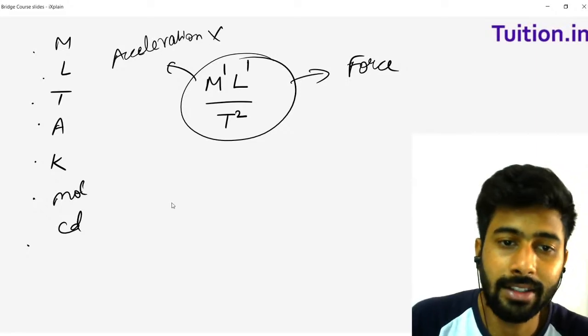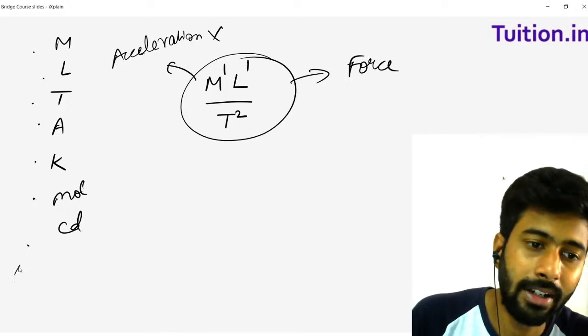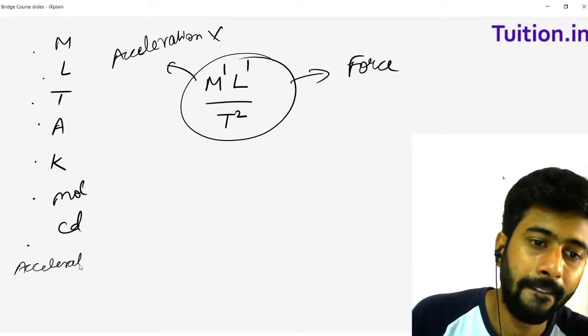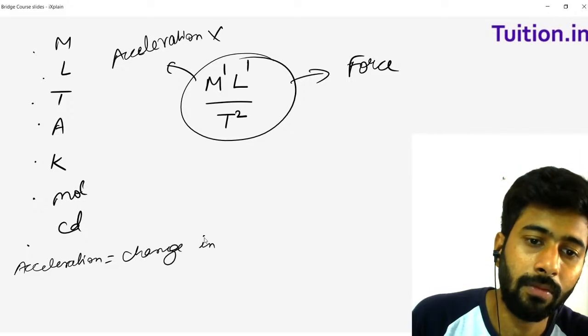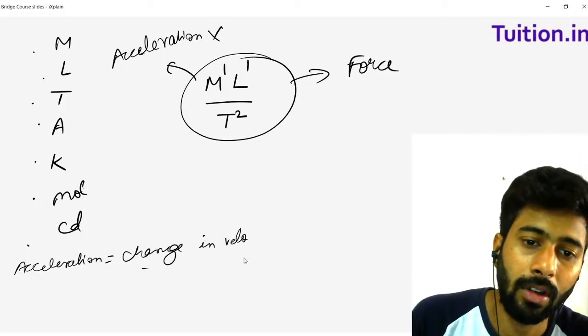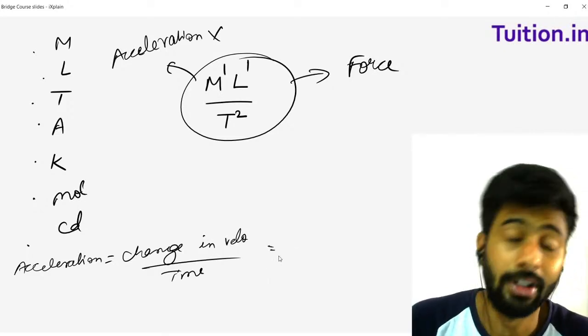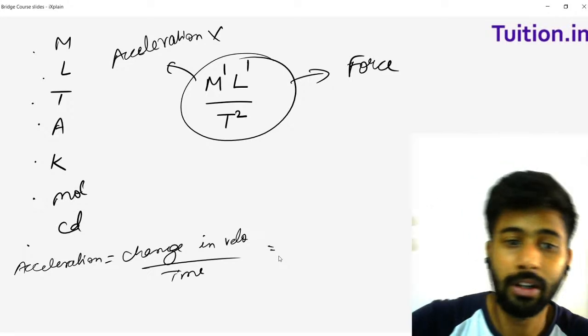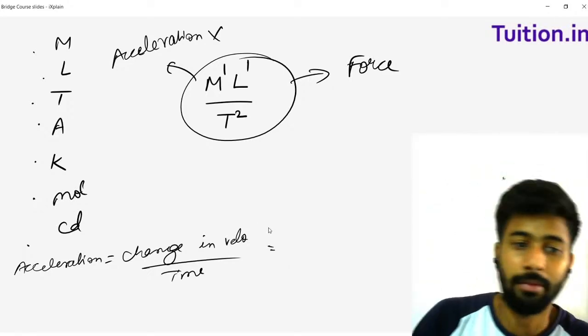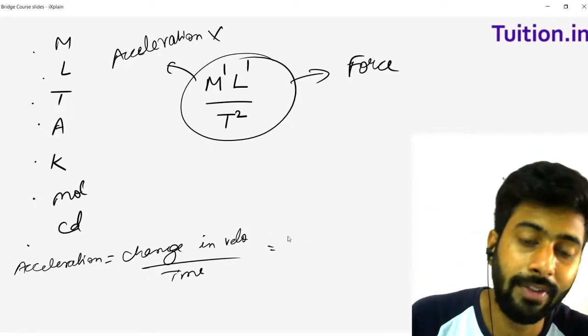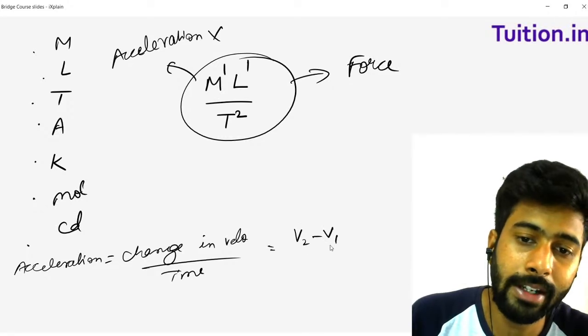No. Acceleration has its own dimensions. What are the dimensions of acceleration? Acceleration is nothing but change in velocity by time, which is nothing but change in displacement, displacement 2 minus displacement 1 by time, and basically it will become time square. It's final velocity v2 minus v1 by t.